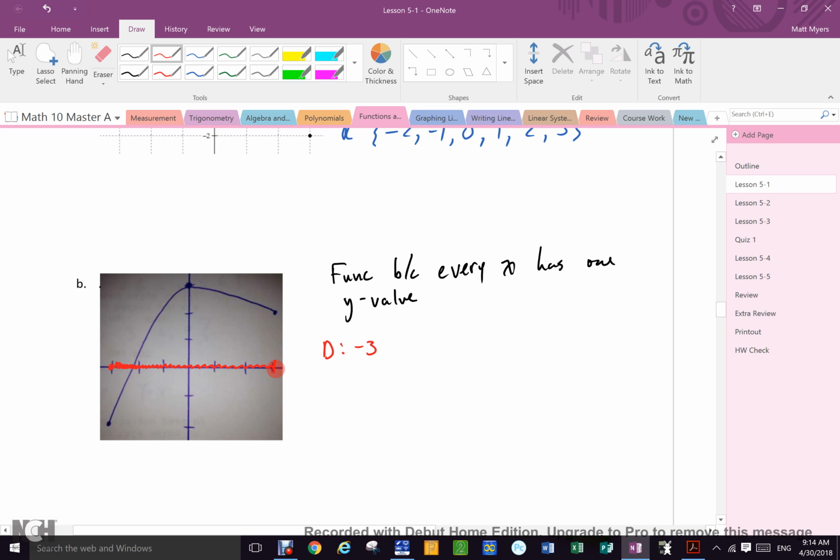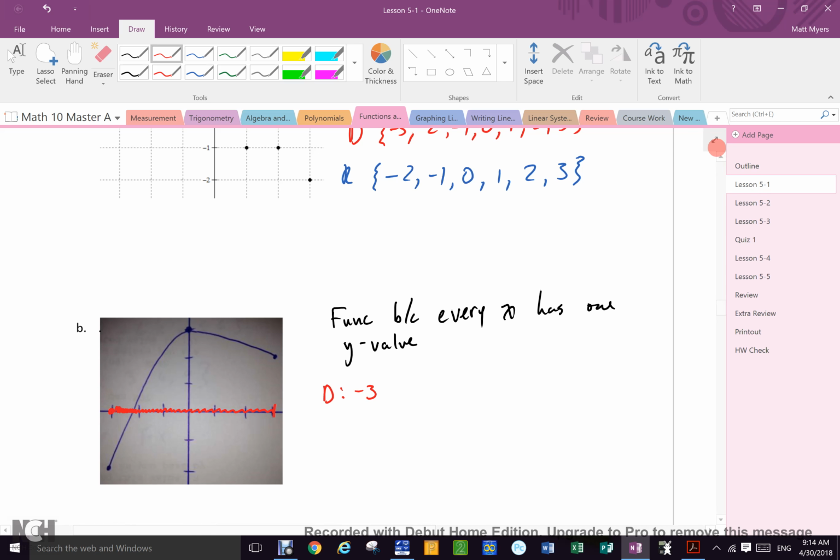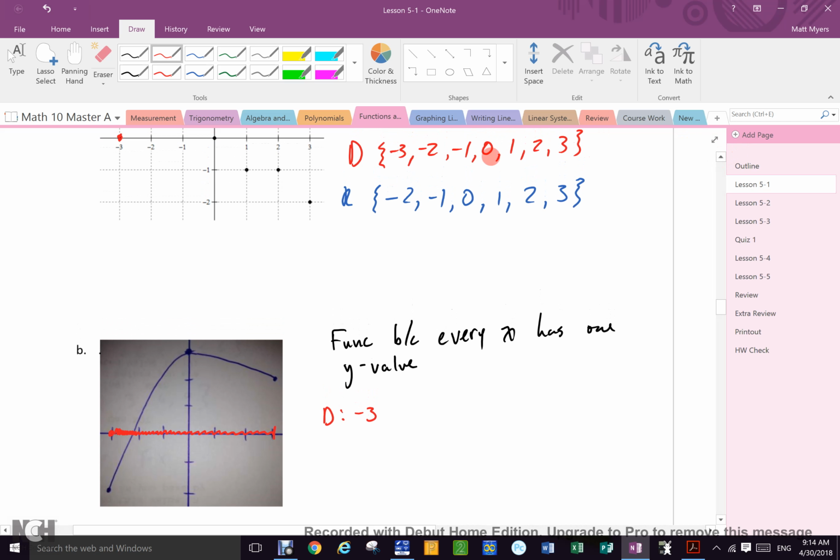Yeah. Is negative 2.9 on that line? Is negative 2.1 on that line? Is negative 1.73 on that line? It is, right? So I cannot list it like this, can I? Because how far is it from negative 3 to negative 2? How many numbers are between negative 3 and negative 2? Infinity. So we cannot list them, can we?